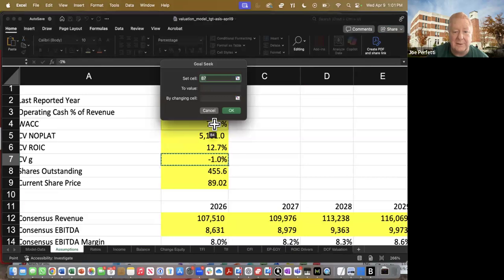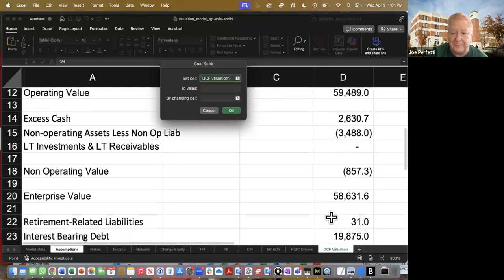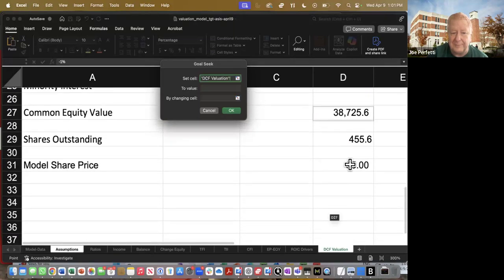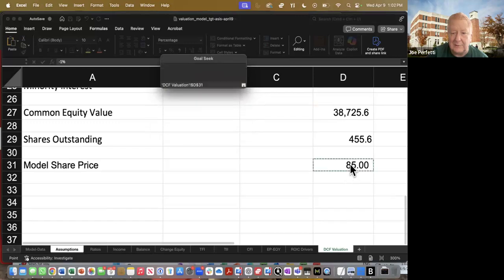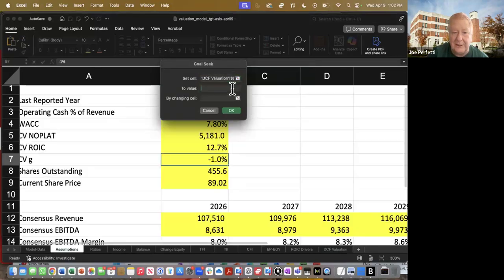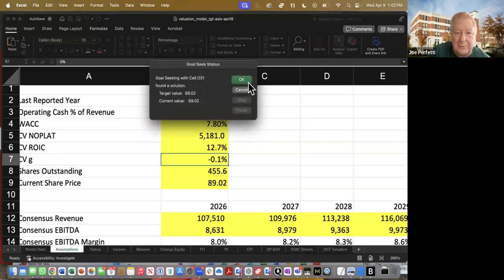I want the share price to be 89.02. And I want to get there by resolving for a G that does that. And so close to 0.